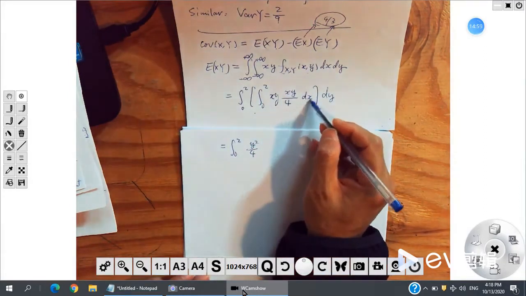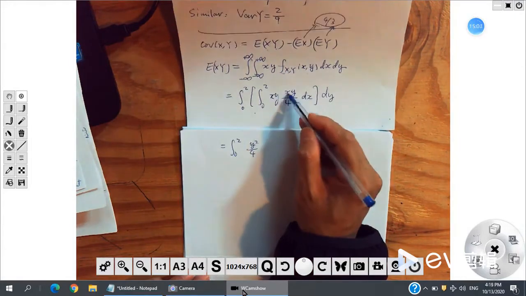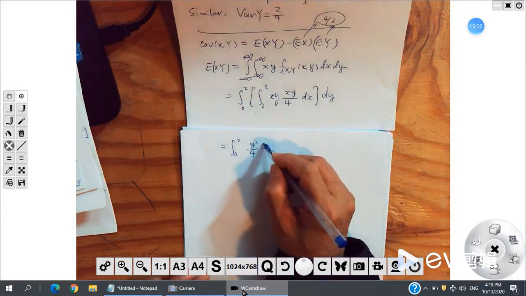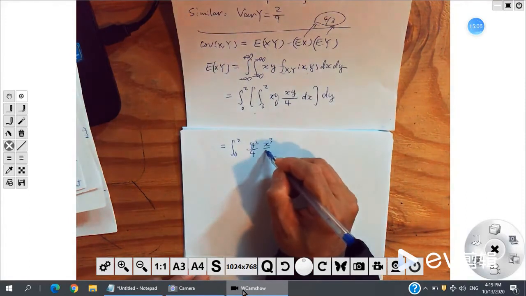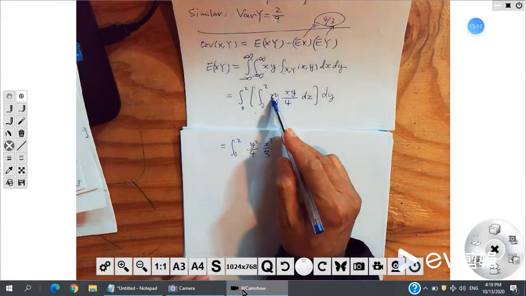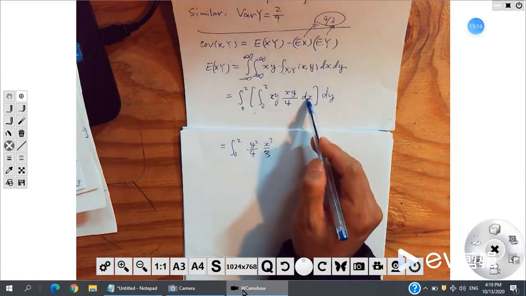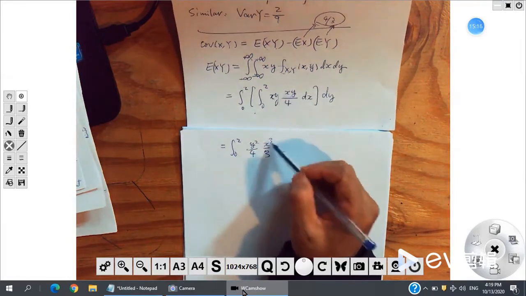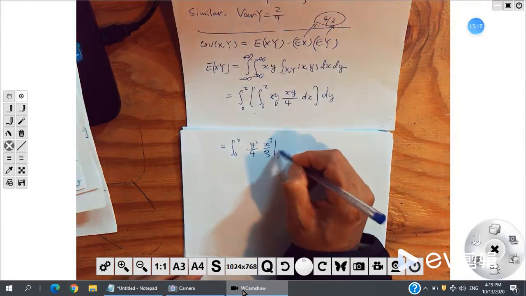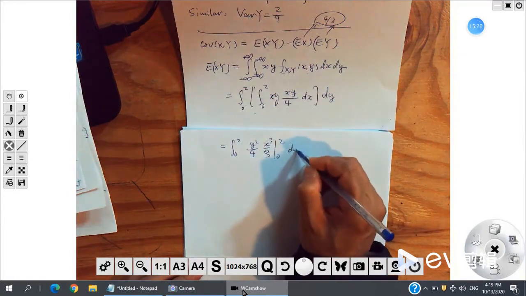We only need the integral for x. For x, we have x squared, so this is x cubed over 3, dx. Yeah, okay, this one from 0 to 2, and dy.